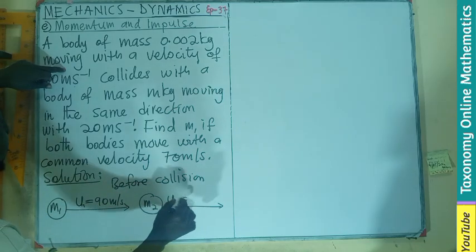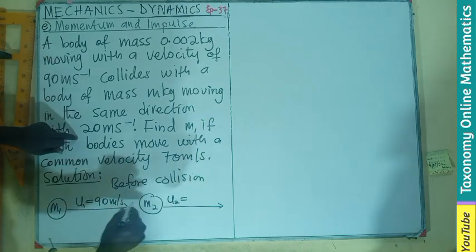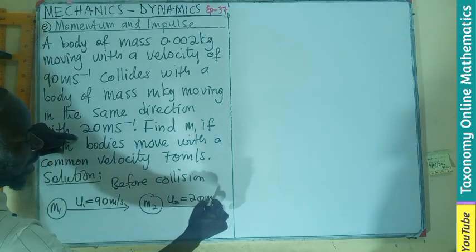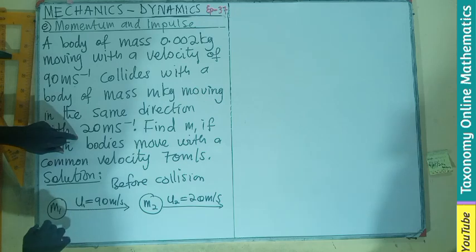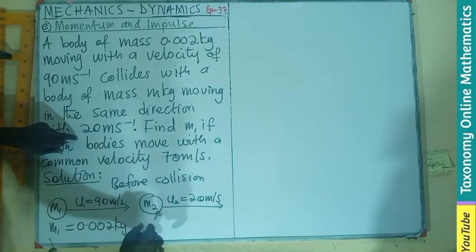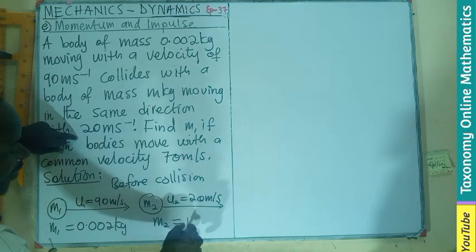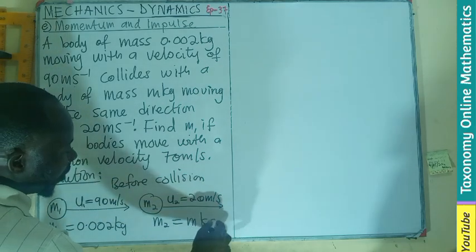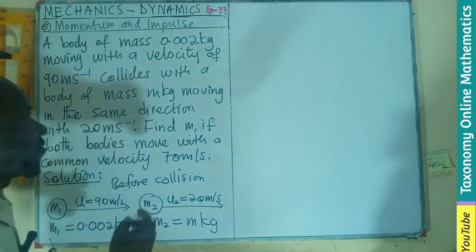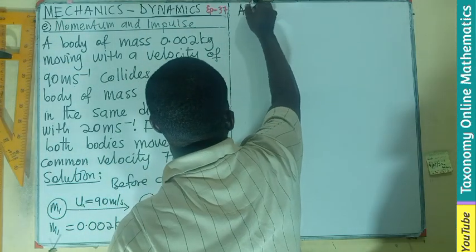Then the initial velocity of the second one is 20 meter per second. The mass here is 0.002 kg and the mass of this is just given as m kg.